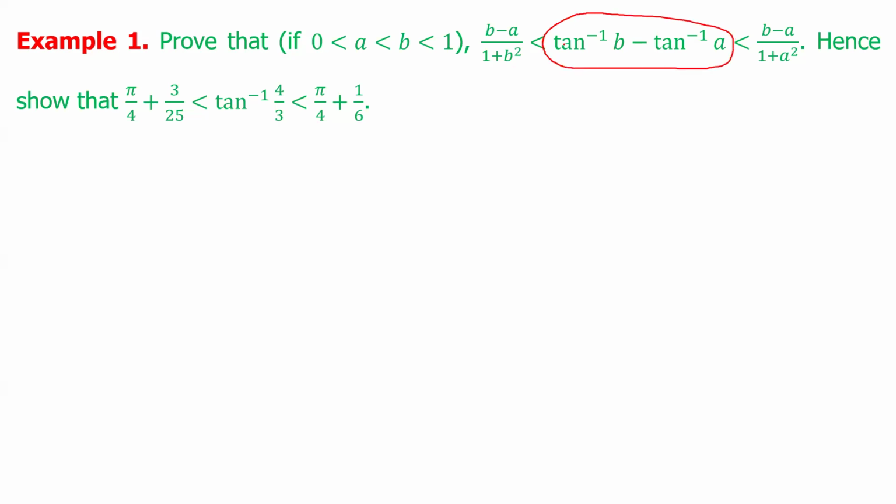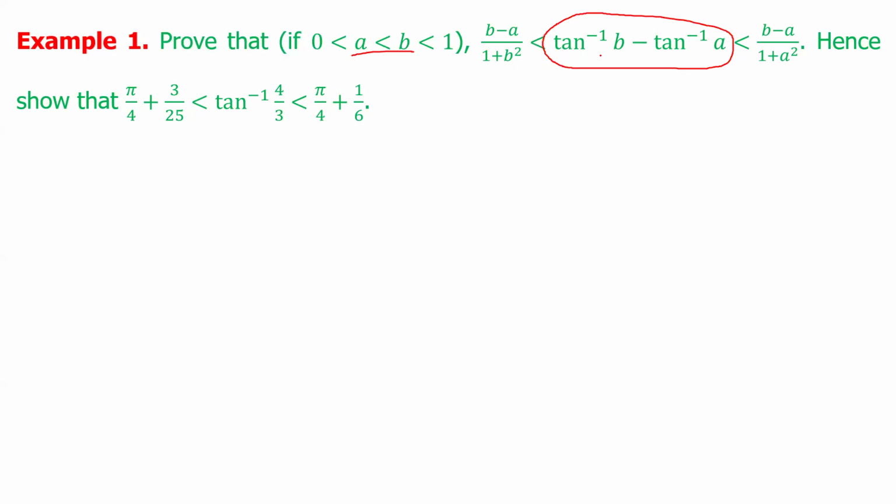The function is given: tan inverse of b minus tan inverse of a. Because we have already seen that in Lagrange's mean value theorem, there is an upper limit and lower limit, or the interval has a lower part and an upper part. So here a and b are the lower and upper values of the interval.